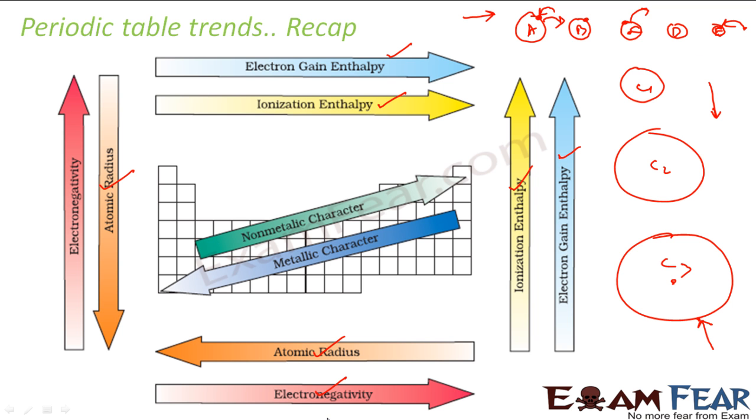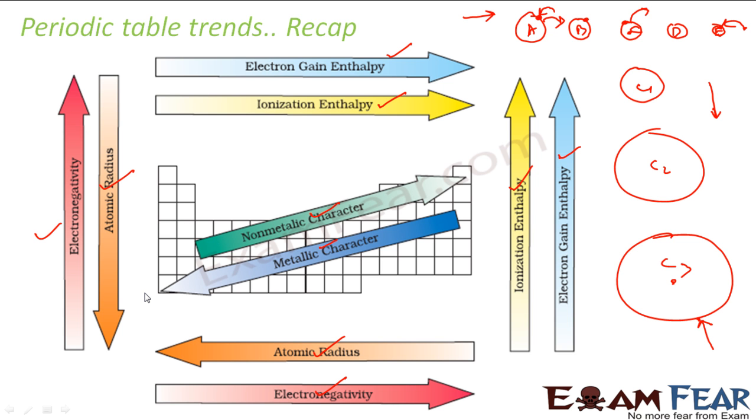So electronegativity is increasing. When you go up, size decreases. Smaller is the size, more is the tendency to pull the nearby electron. Electronegativity is nothing but the tendency to pull nearby electrons, right? So that is increasing. And same thing about the metallic and non-metallic characters.